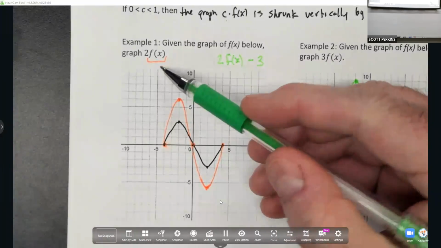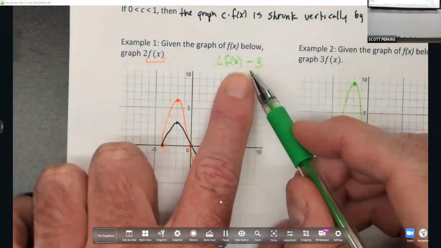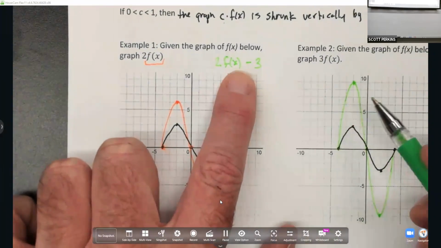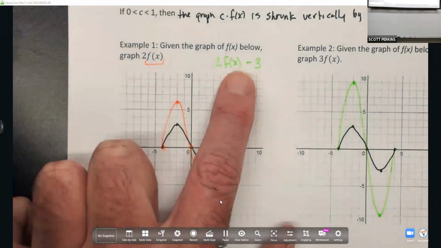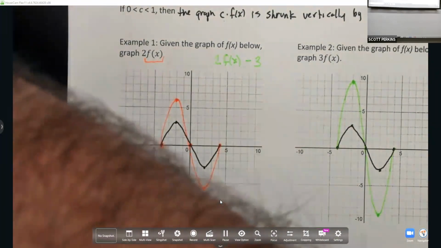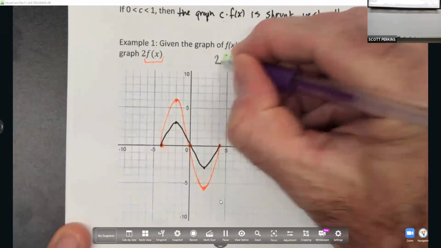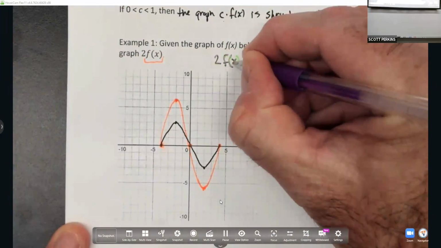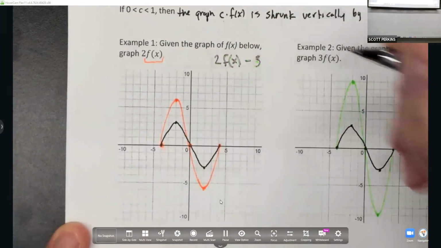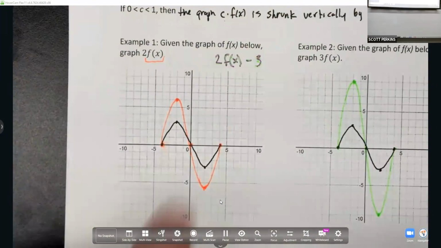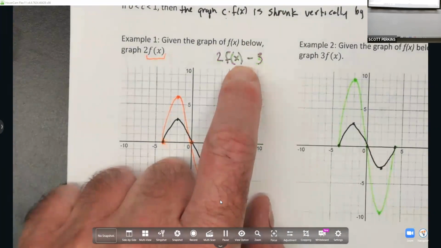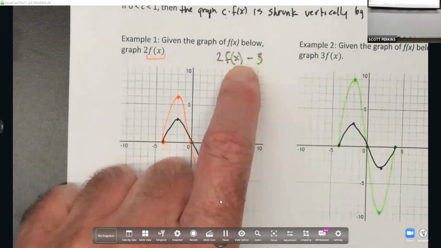So if I gave you this problem on the test, 2f of x -3, maybe green isn't the best one. I don't know that you can all see that. So let me get purple here and we'll try to make this look better. There we go. So if I gave this on a test, or if we were doing this, what I would do first is the multiplication.